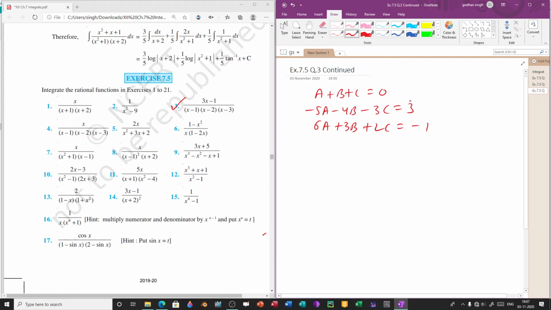So these are the equations, and let this be 1, this be 2 and this be 3.